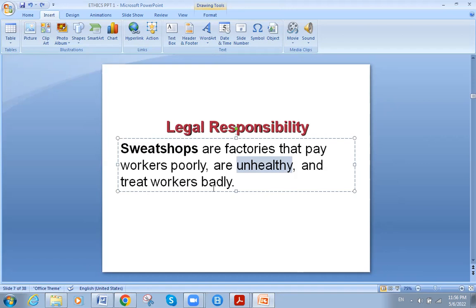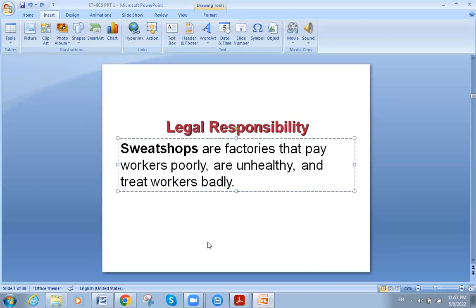And treating workers badly means there is stress, abuse, harassment, no equal treatment or equal pay, and favoring some of the workers, employees or races over others. So this we call treating them badly.